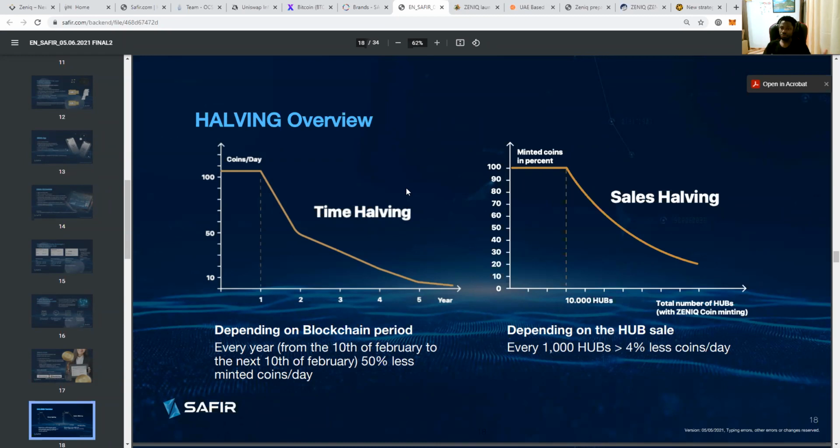The next major halving will begin next year, February. So from now till the end of February, we are having volumes of 100 tokens minted a day, running down. Currently, we are about 60 to 50 tokens a day, and it is still reducing per day till it gets to the next year, which we will begin another halving series.